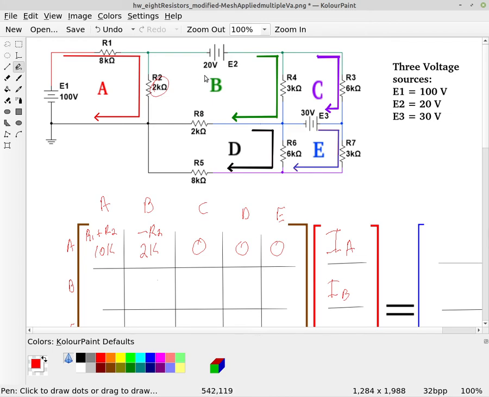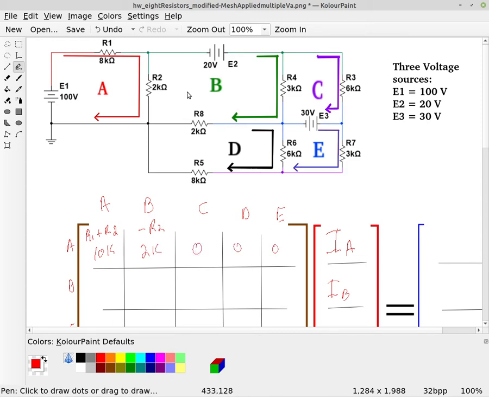So now we're going to do loop B. Let me just rewrite this a minute. So this was 10K, and this was minus R2, which was a 2K, and then 0, 0, 0.